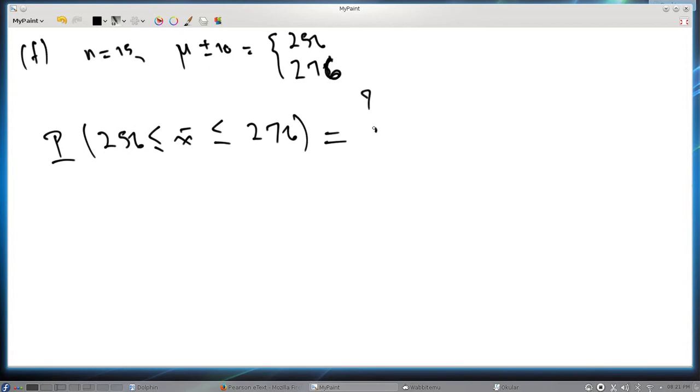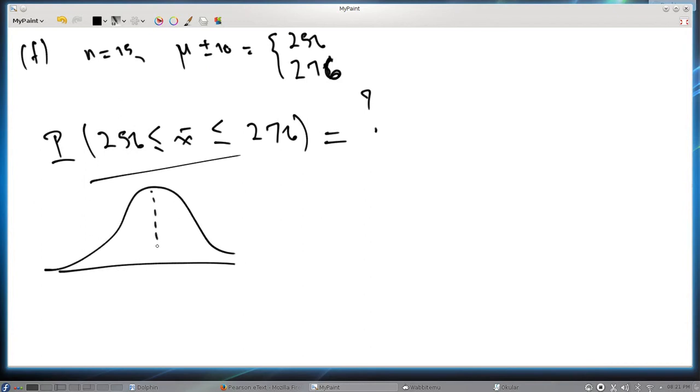So basically what we are trying to compute is something like this. Okay, so this is the general distribution. In other words, if you remember what we looked at earlier with the general curve, this is 266, 276 is somewhere around here, and 256 is somewhere around here. So this is the region that we are interested in finding. Okay, that's 276, and that's 256.